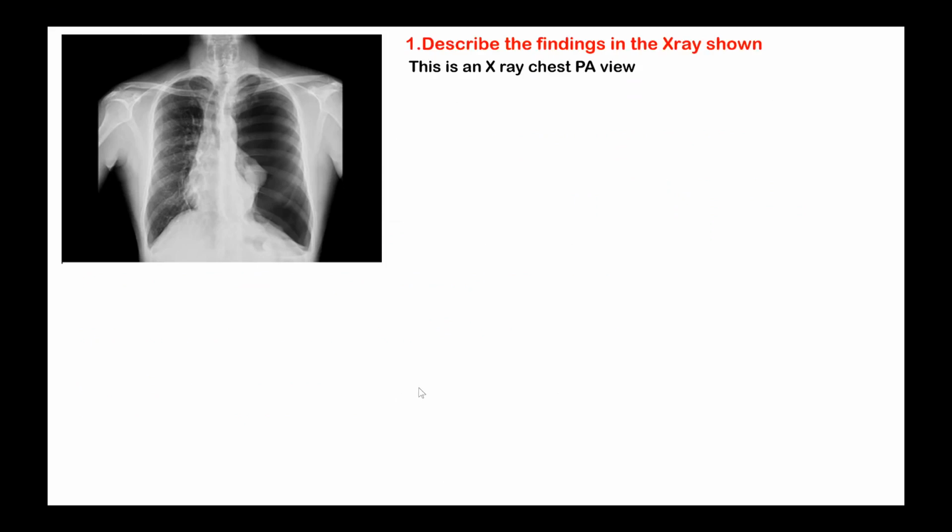How do you differentiate between an AP view and a PA view? Sir, the ribs will be oriented horizontally, sir. Well, first of all, what do you understand by AP view and PA view?